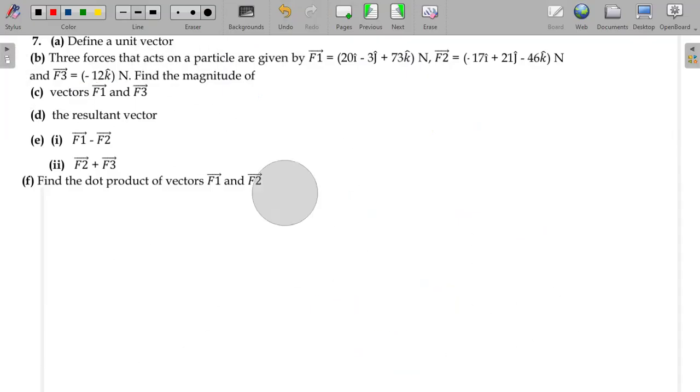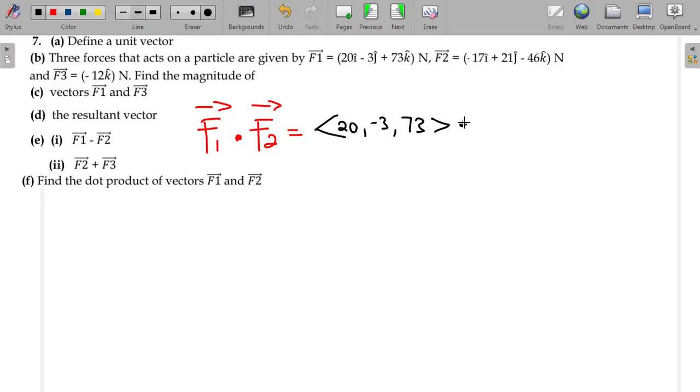So now let's look at part F. On part F, they're saying find the dot product. Okay, so we're finding the dot product of F1 with F2. So F1 is 20, minus 3 and then 73, and then we're saying dot F2 is minus 17, 21, then minus 46.